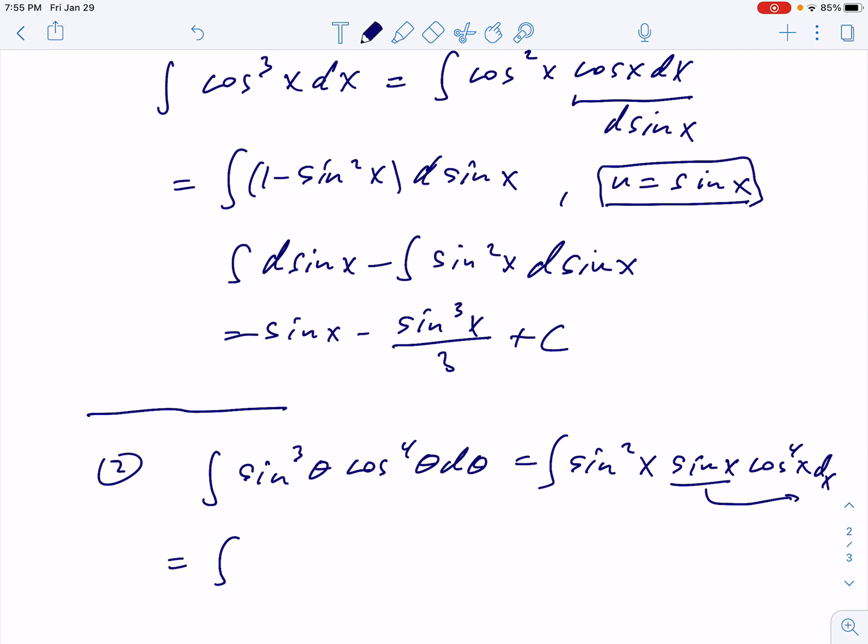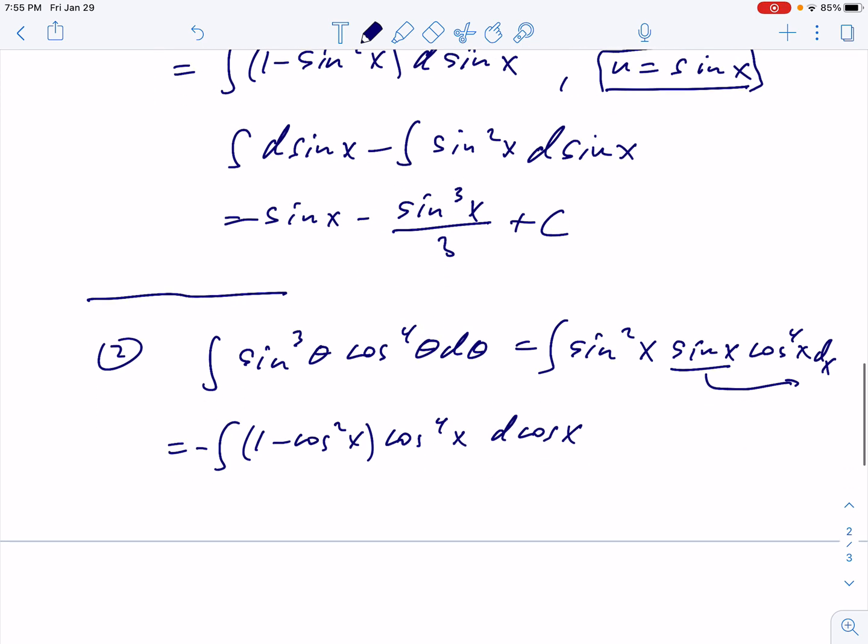It will be sine x dx, and sine squared I shall write like 1 minus cosine squared. And here we have a cosine 4th power. And sine x dx becomes d cosine x with the negative, at the very front. And see how this is written.